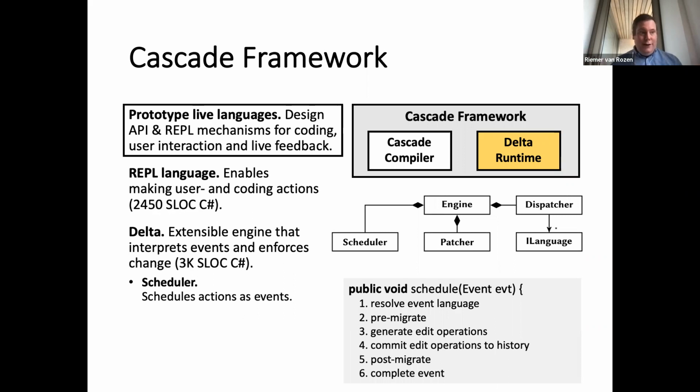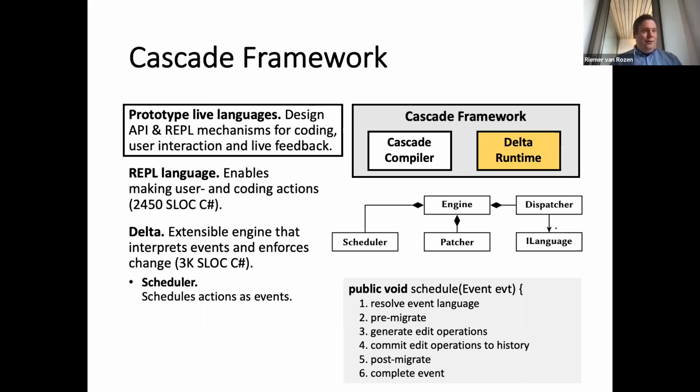When you schedule an event, it needs to find the language. Then it needs to pre-migrate the event if it has anything that needs to happen before. Then it calls this generator component that makes edit operations that allow you to commit to history what has happened. Then it post-migrates, and then it completes.